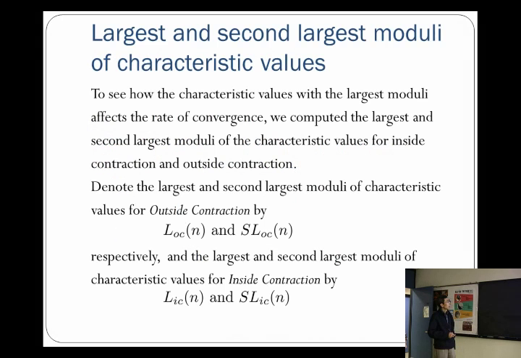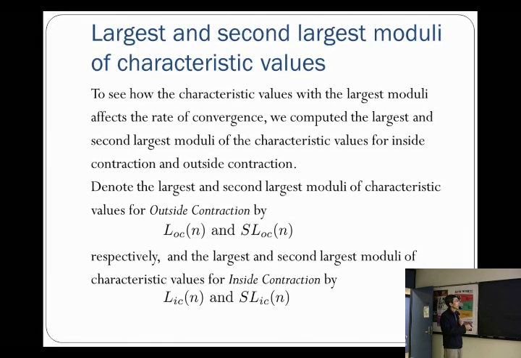So in order to see how the rate of convergence suffers as n gets higher, we did some numerical computation. Here we first calculated the largest and the second largest moduli of characteristic values for inside contraction and outside contraction.